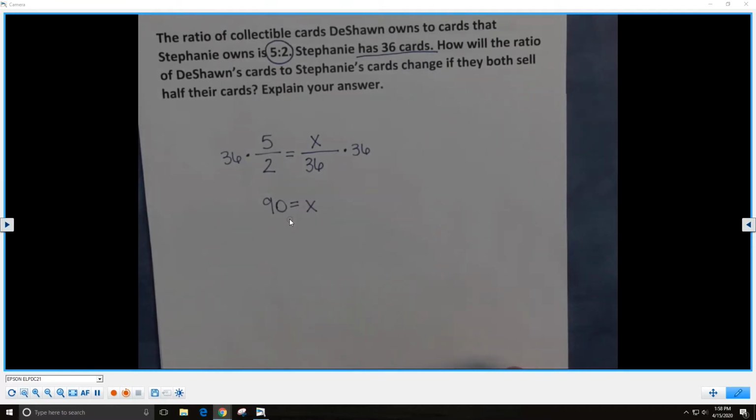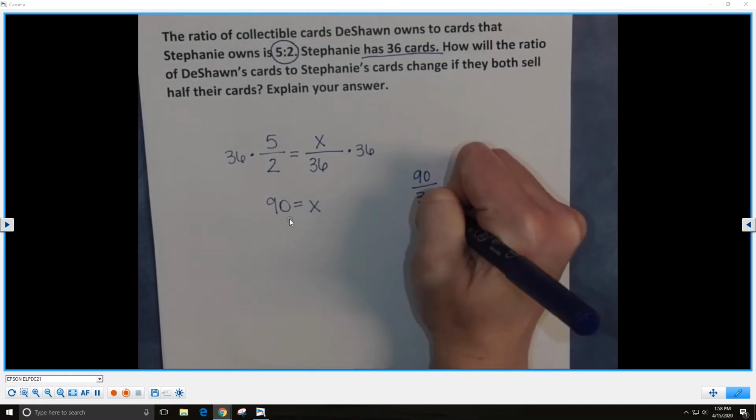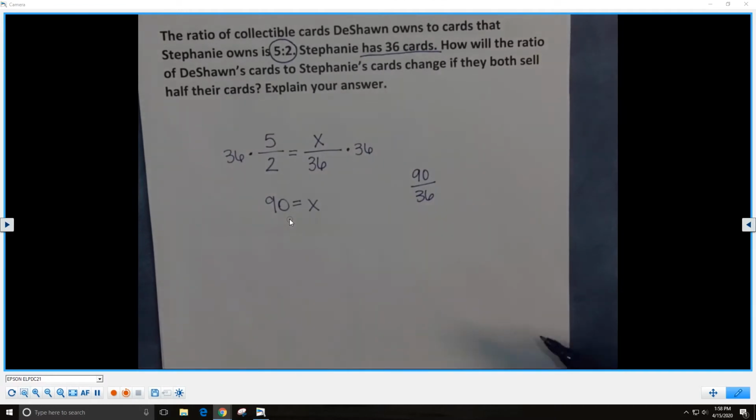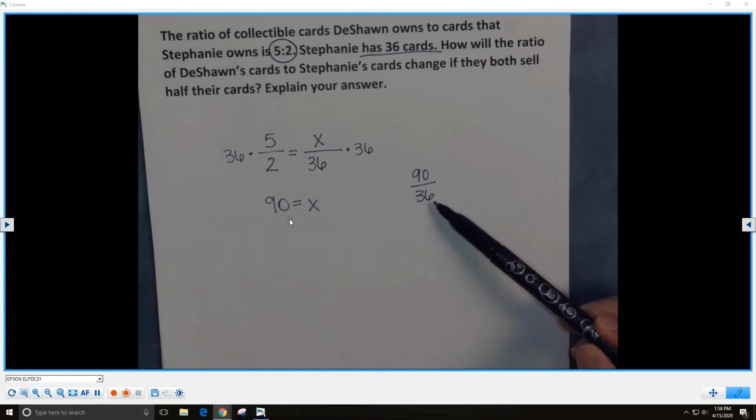So now that we have that information, we can write the ratio of 90 to 36, because we know that Deshawn has 90 cards, that's what we just solved for, and Stephanie has 36 of them. Okay. The problem says that both Deshawn and Stephanie are going to sell half of their cards.